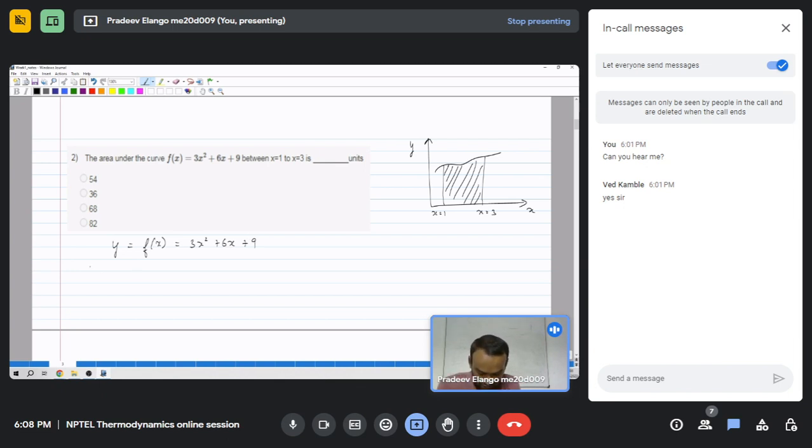and to find the area we have integral y into dx, that is integral of 3x square plus 6x plus 9 into dx. And here if you integrate individually you will have x cube plus 3x square plus 9x, within the limits 1 to 3.